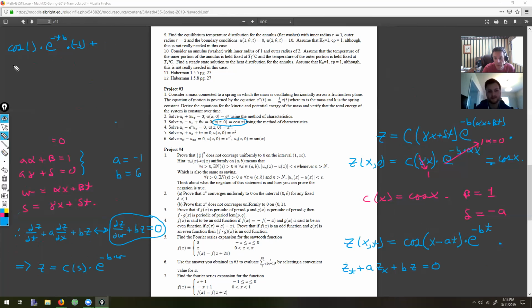That's going to give me positive a, because the derivative of cosine is negative sine, so I end up with a sine of all that stuff, e to the negative bt.